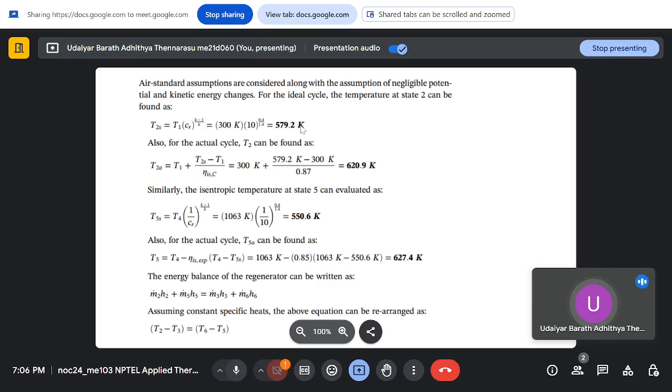T2s we have already found out, 579.2, and efficiency of compressor is 87%. So substituting, you can find the actual temperature at the exit of the compressor is 620.9 Kelvin.